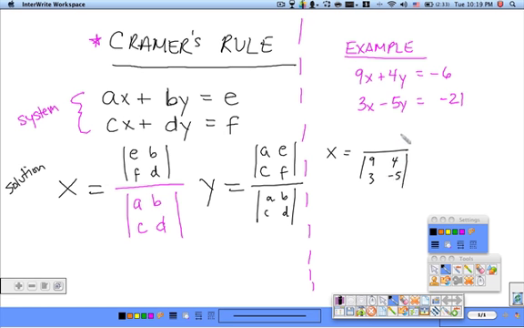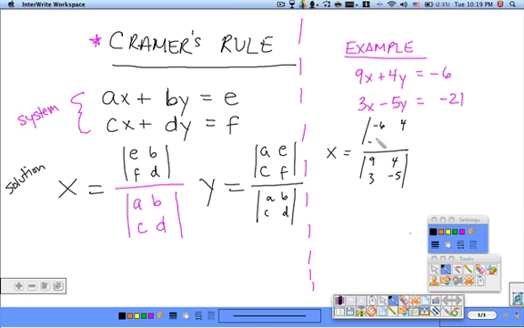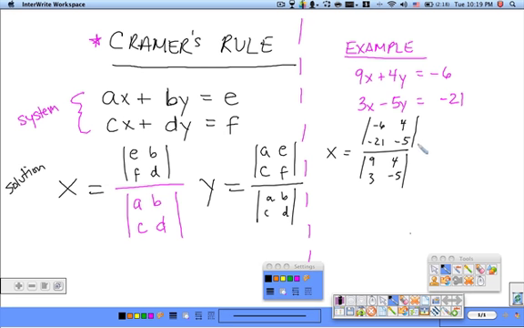On top, you have to remember that little pattern: E, B, F, D. So the determinant of -6, 3, -21, and -5. If I find those two answers, I'm going to get the x coordinate.